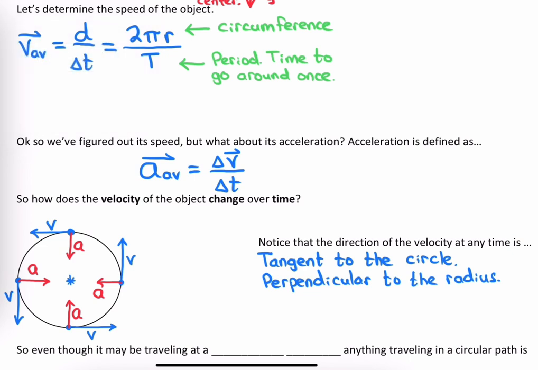In fact, it's such an important thing that we give this type of acceleration a special name. It's not just called A, it's A_C. And the C stands for centripetal, which means towards the center.